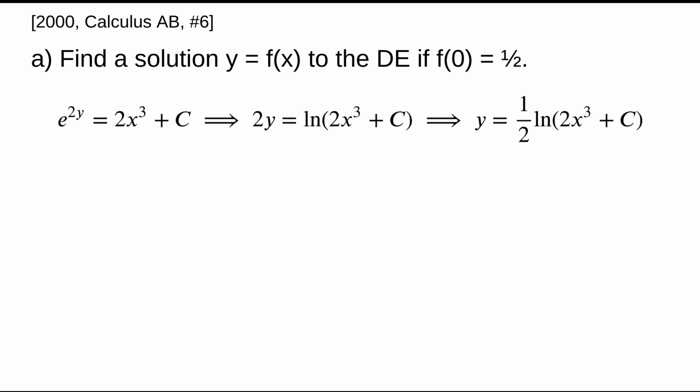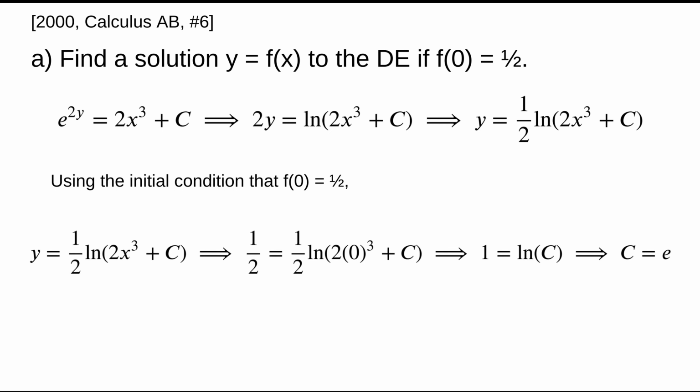I do have to make use of that initial condition, though, to actually pin down a specific value for c. So using the initial condition that f of 0 must equal 1/2, plug in 1/2 for y and 0 for x. 1/2 equals 1/2 the natural log of 2 times 0 cubed plus a constant. 0 cubed is 0, 2 times 0 is 0.